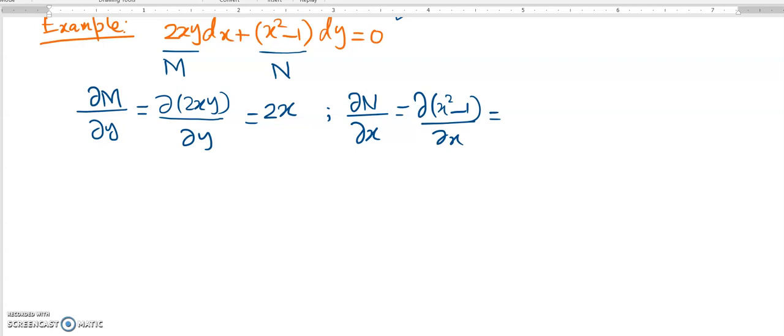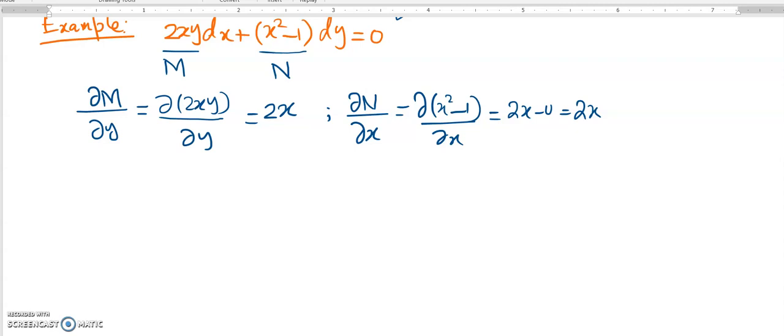So now it should be with respect to x. In this case, by chance we don't have any y term. So the derivative of x square minus 1 with respect to x is 2x minus 0, that is 2x. So now we can see that partial M over partial y is the same as partial N over partial x. So this means we can say that the above equation is an exact equation. So the condition of an exact equation has been met.